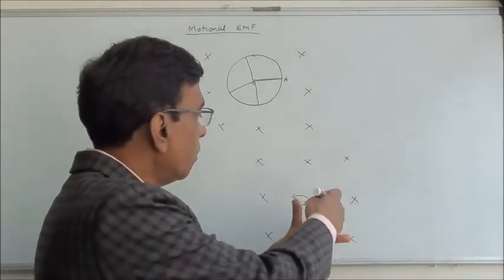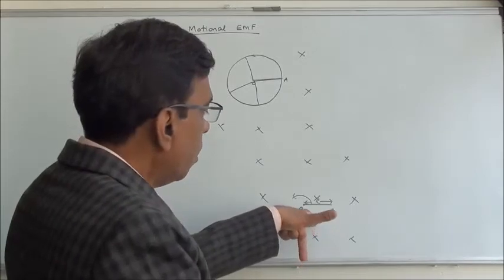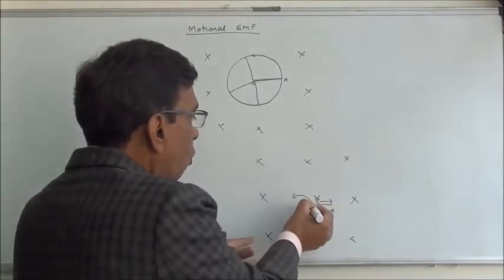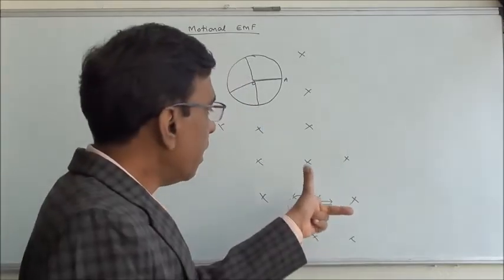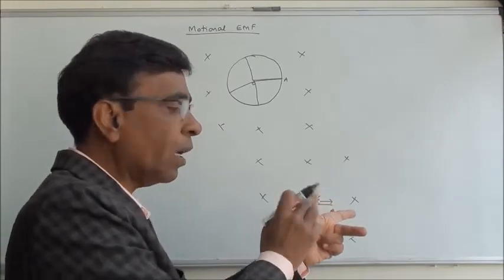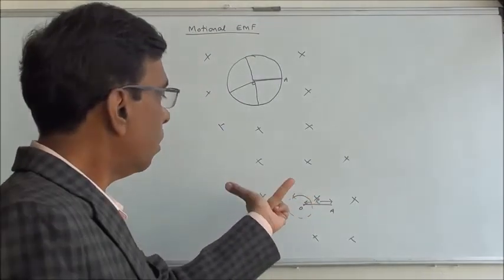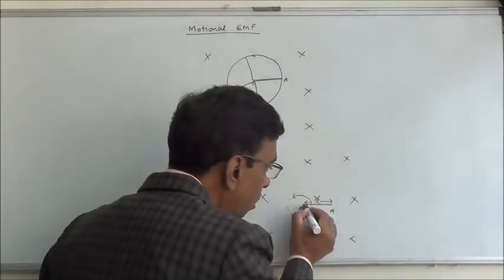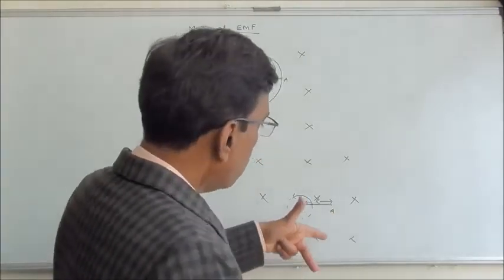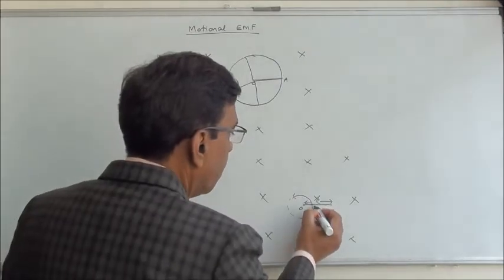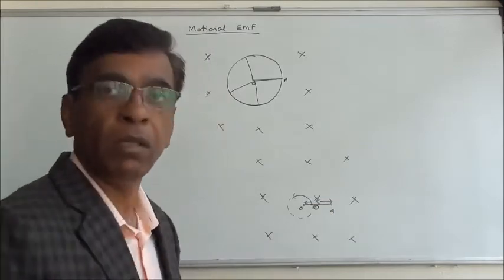So if the electron is moving up, the force is towards A. Now when this electron is actually moving on a circular path, at every point the direction of force will be radial towards this end A. So when it is moving downward, this end will become negative and this end will be positive.